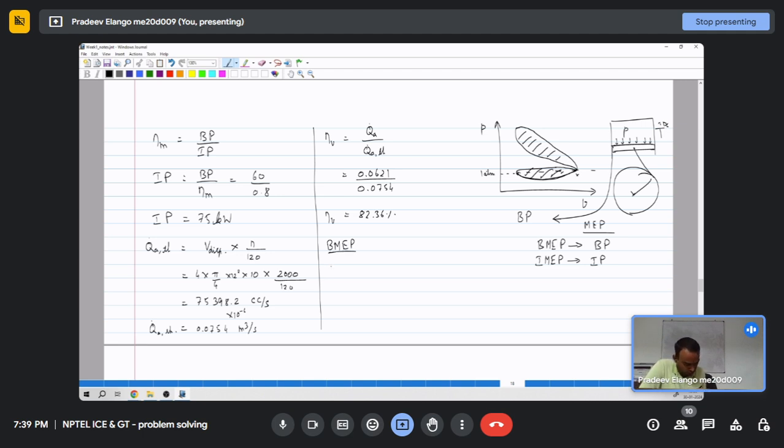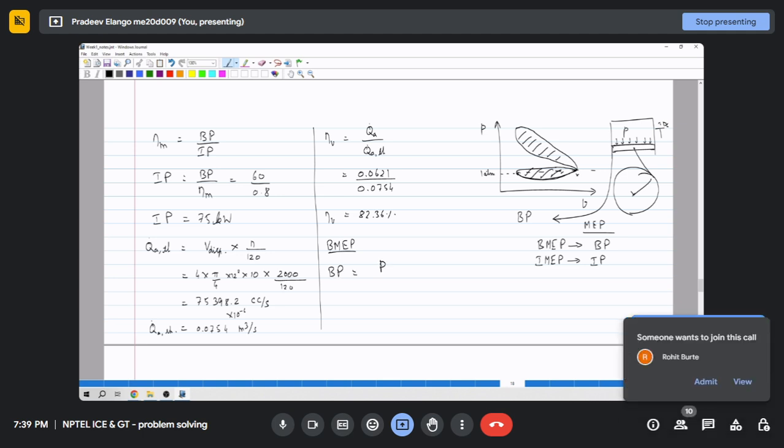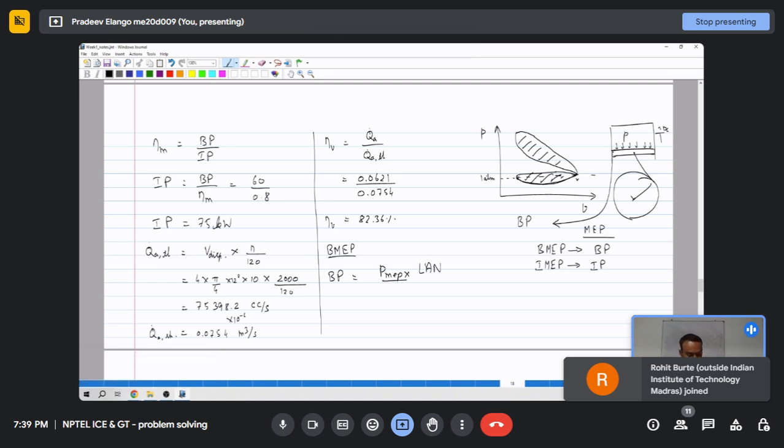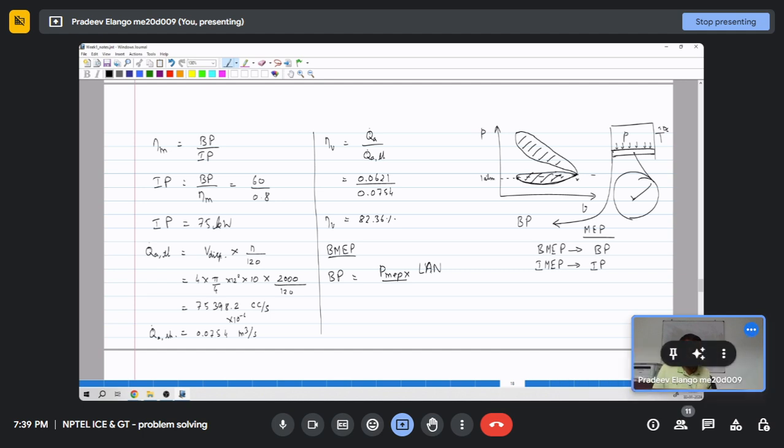To calculate that, we have a formula: brake power is equal to BMEP into L into A into N. This pressure into A, the area of the piston, will give the total force on the piston, and that force into L will give the energy that is spent.